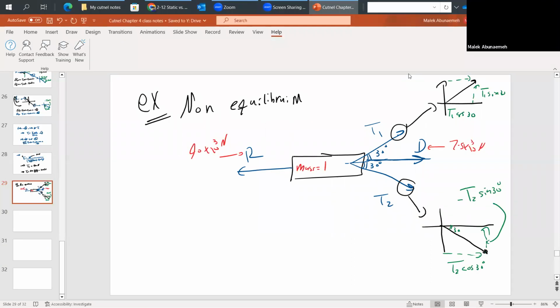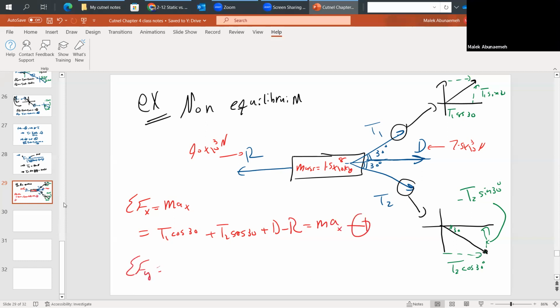So your mass for this one is 1.5 times 10 to the 8 kilograms, which means that our forces in the x direction is going to be MAX, which is T1 cosine 30 plus T2 cosine 30 plus D minus R equals MAX. That's our first equation.